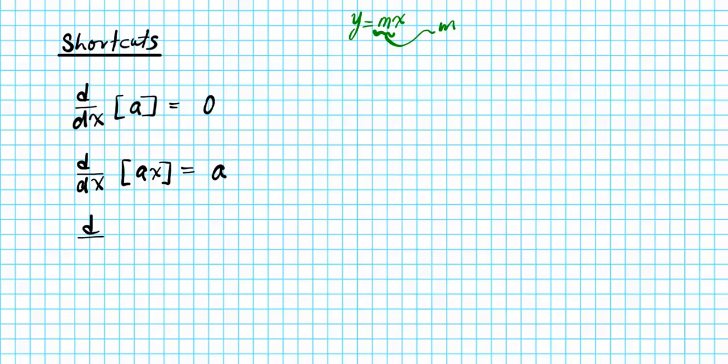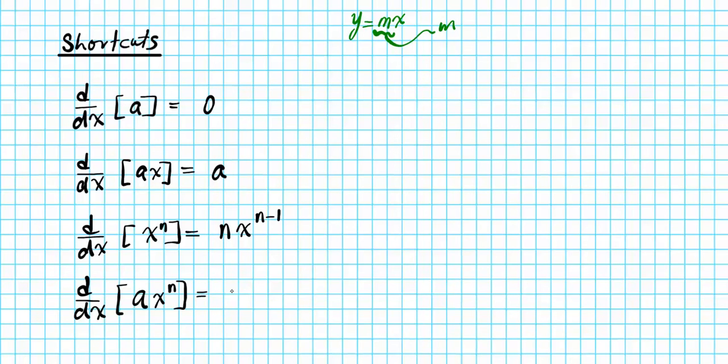Okay, and then we have the power rule itself, d dx of x to the n. We know what this is. You power down the exponent, and then you mark it down by 1. Now, what if you have the derivative of a constant times a power, x to the n?